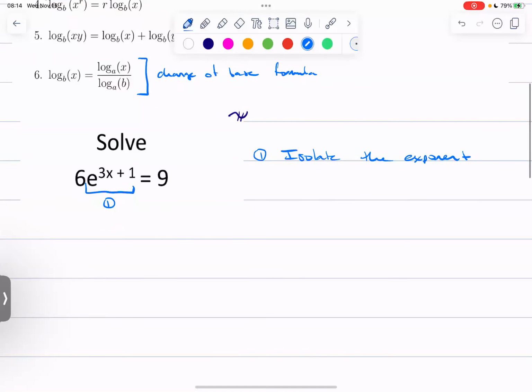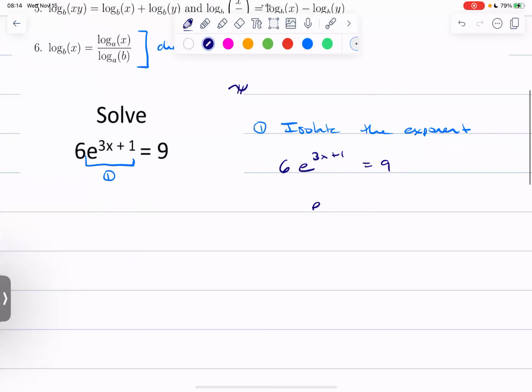I can do that in this case by taking 6e to the power of 3x plus 1 is equal to 9, dividing both sides by 6, I get e to the power of 3x plus 1 is 9 over 6. You can simplify, but I'm not going to.